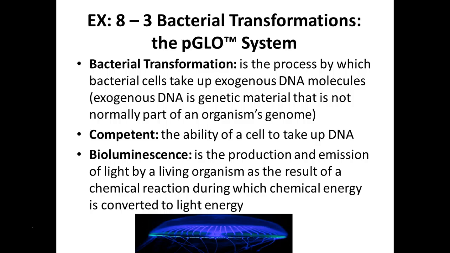Those little tiny projections that are like cilia are like little tiny prisms, and they're refracting the light. Just like a prism separates light into the different colors, and you see a rainbow. The same thing is happening for that particular jellyfish. So that's a refraction of light that's happening due to their structures.